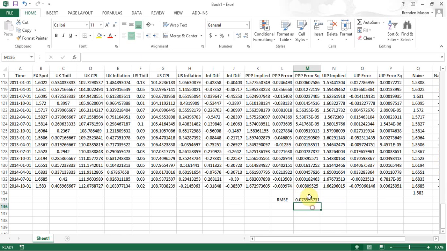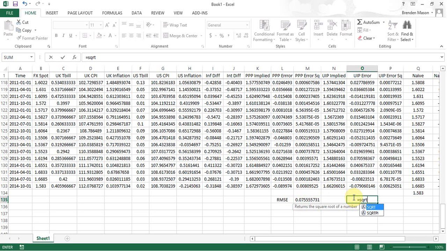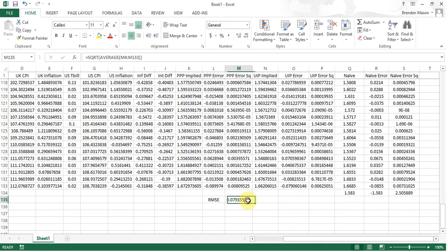So because we took that formula, we can do the same thing here: square root, average, or again, I think it's faster to take the formula that we used here and just, instead of dragging and dropping down, we can drag and drop, so to speak, to the right.